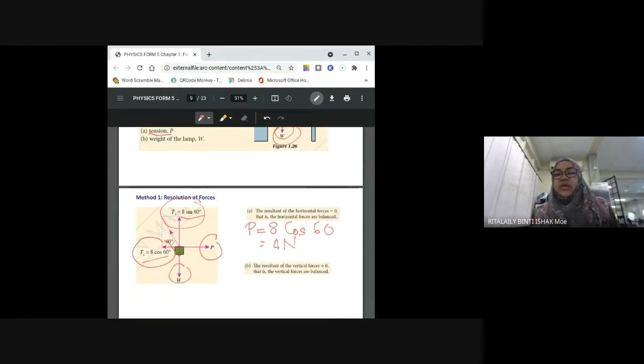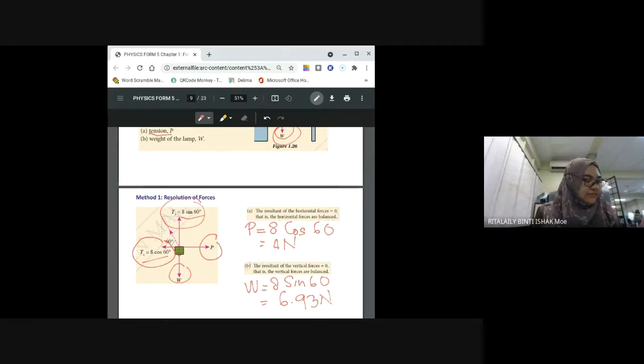Since the forces are in equilibrium, once again W equals 8 sin 60. Okay, and W is 6.93 Newton. So that is how they get the answer for page 21, example 1.